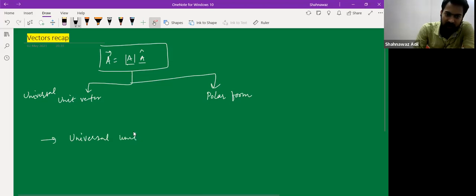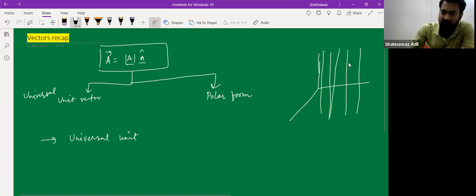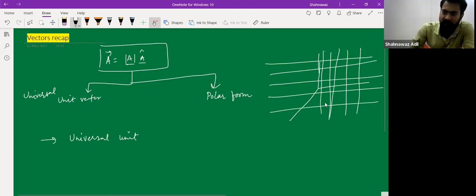So let's say you have these 3 dimensions, and you divide them in slices of 1 unit in all directions, including this Z direction.